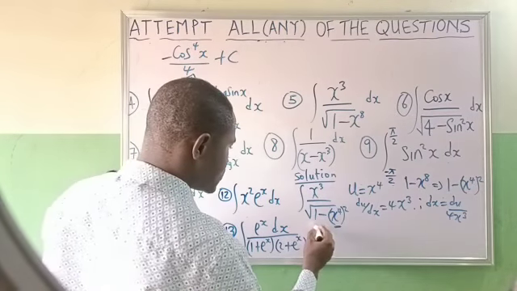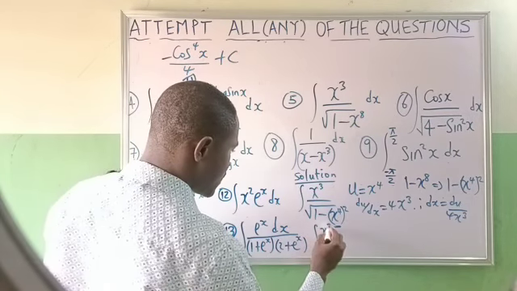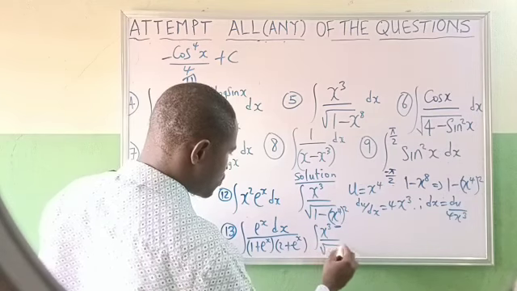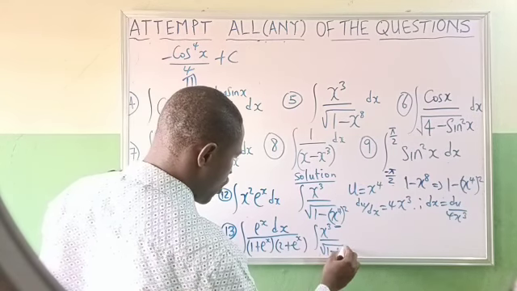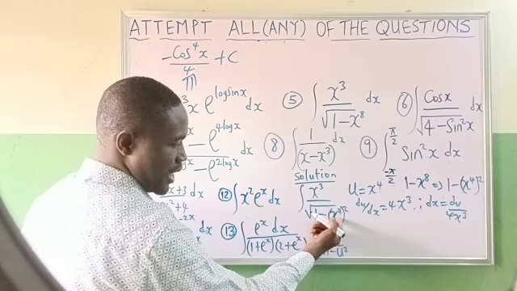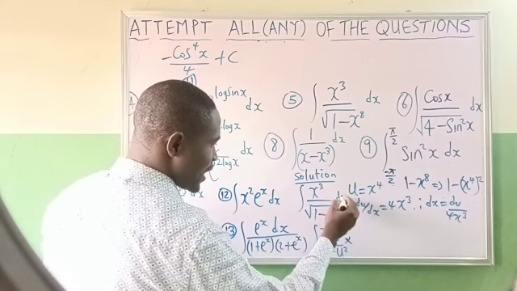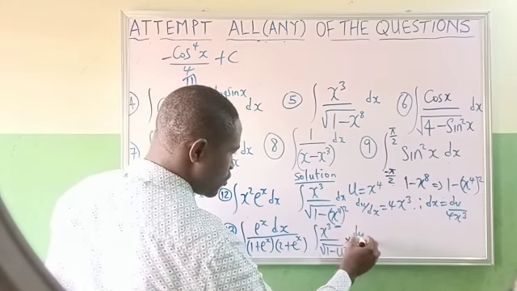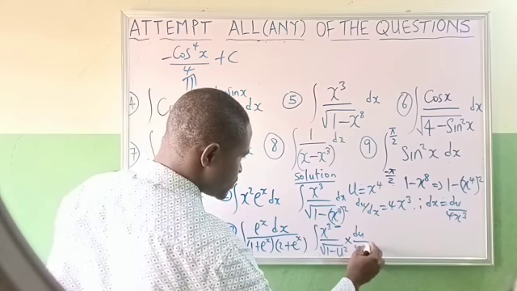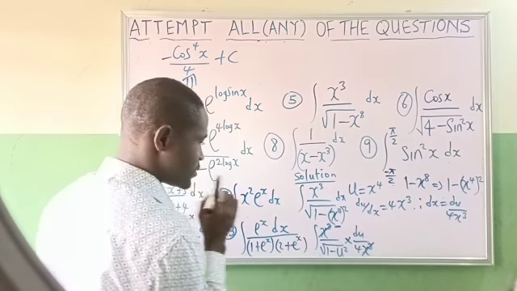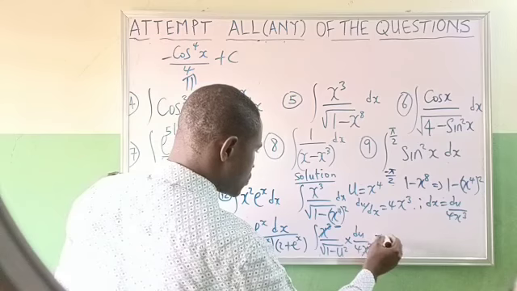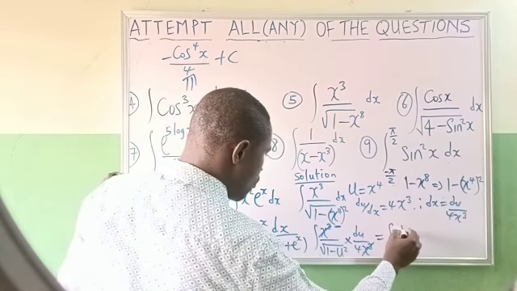I will now say that this means integral x raised to power 3 all over square root of 1 minus u all squared, because we say let this be our u, times what is our dx? du all over 4x cubed. This will cancel this.